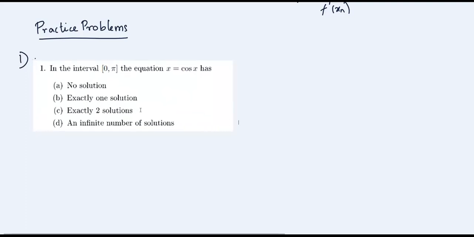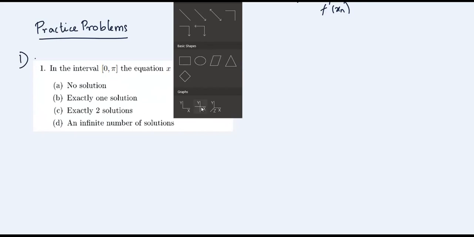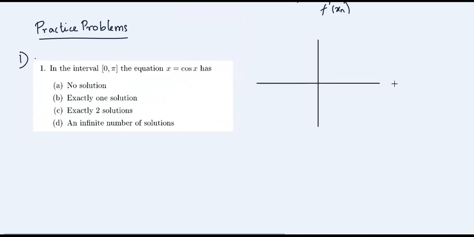Now in the interval 0 to pi, the equation x equal to cos x has how many solutions? We don't need the full concept of any of this, just common sense.